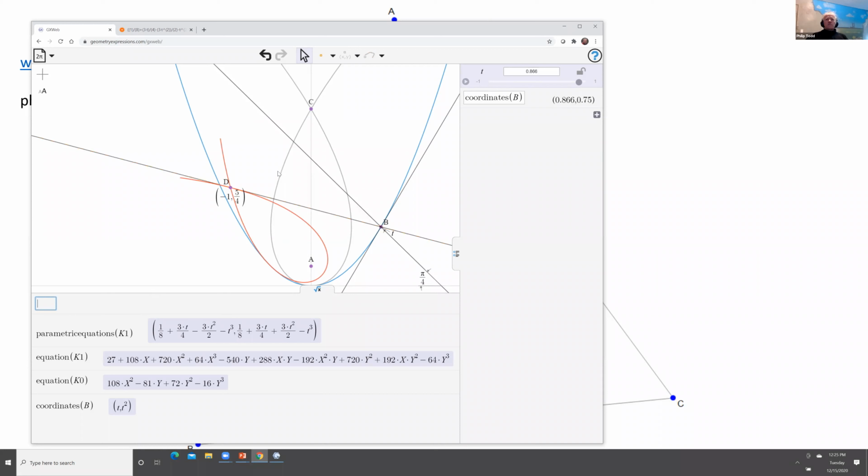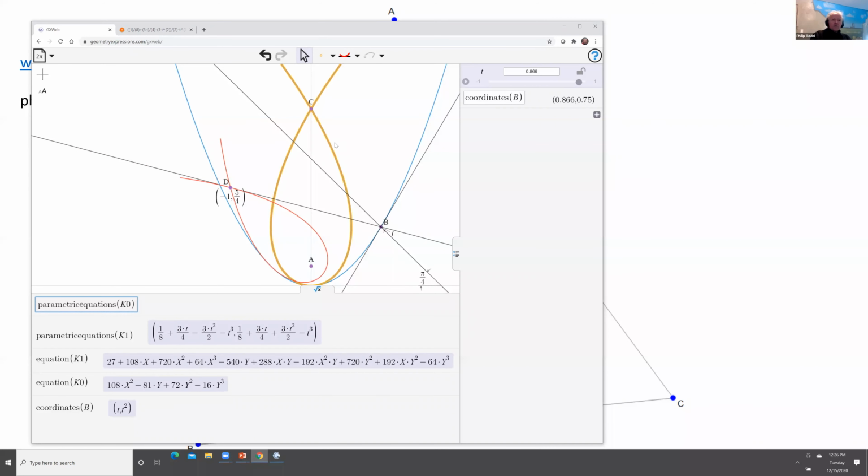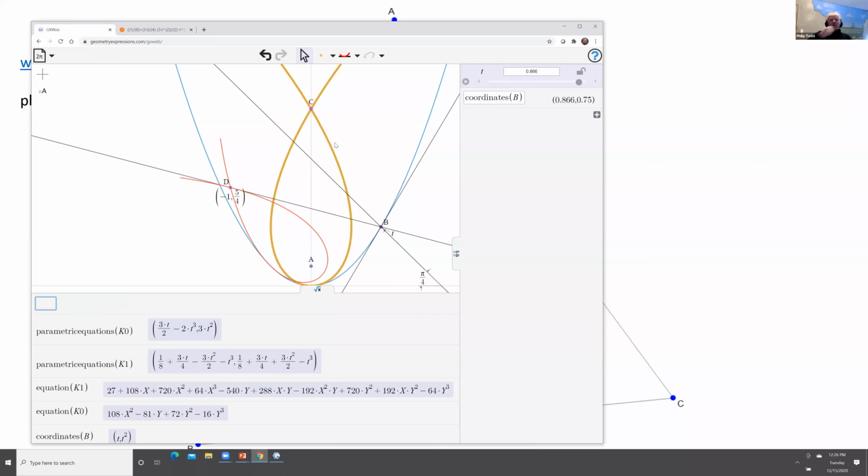Let's look at how about this point? What value of t contributes that? Well, we can look for the parametric equations of this curve. Well, that looks easier.